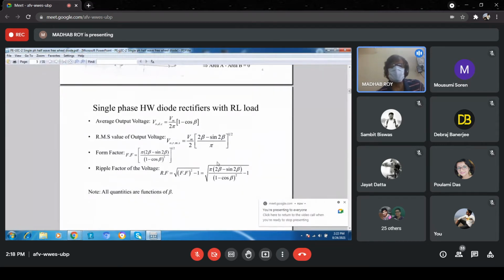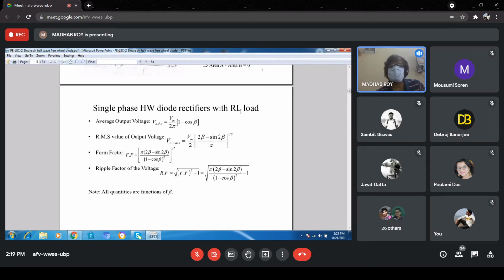And here also, earlier in the case of the resistive load, we calculated some quantities. Here the angle beta will appear instead of pi. So thereby we can calculate the average output voltage and the RMS output voltage, similarly to the earlier resistive half wave load case. The form factor and the ripple factor are all calculated. The procedure of the calculation has already been discussed for the resistive load.